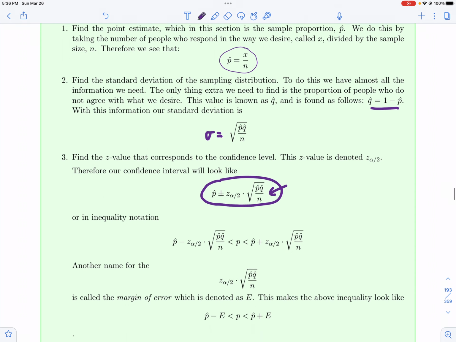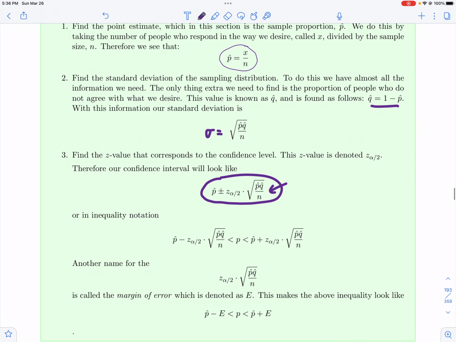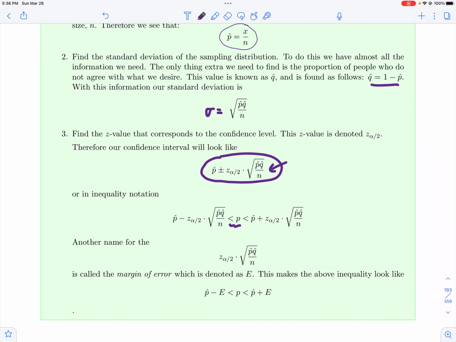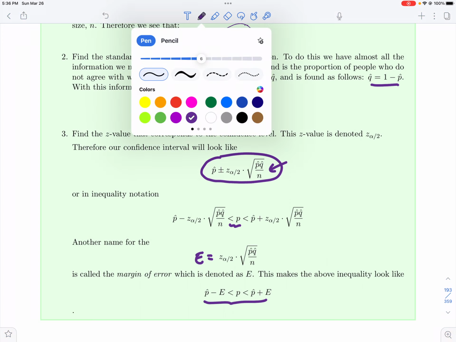Since we're trying to estimate the population proportion, when we put it in expanded form, we're going to get just regular old p instead of mu. And then our margin of error, just like before, is going to be our z-score times our standard deviation. So that looks exactly the same. And then finally, that's its more expanded form.